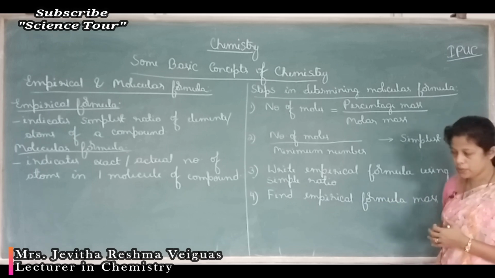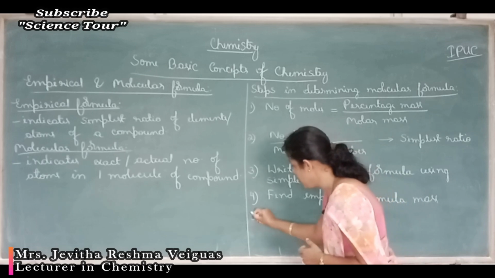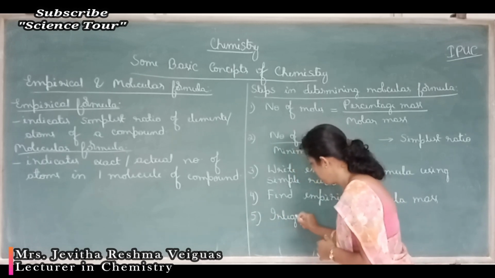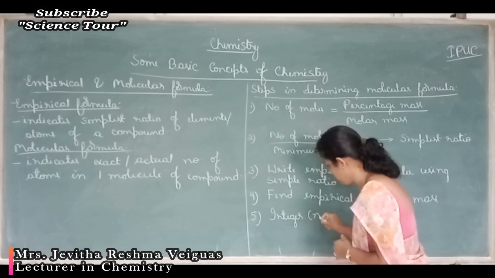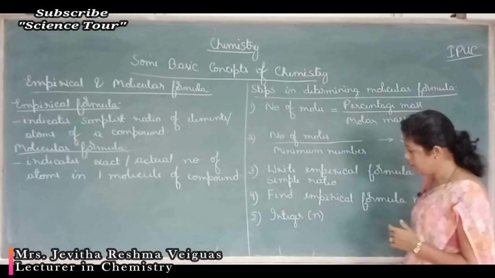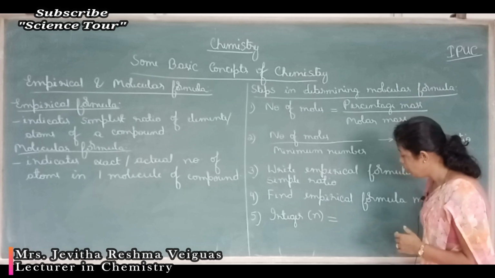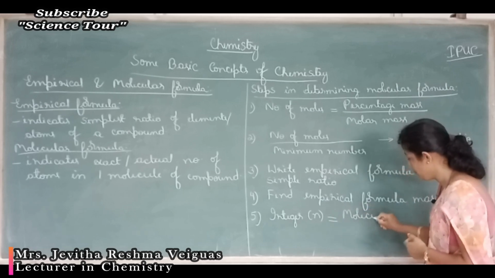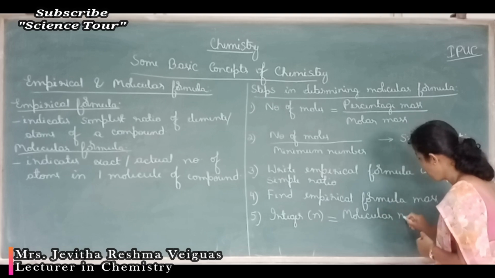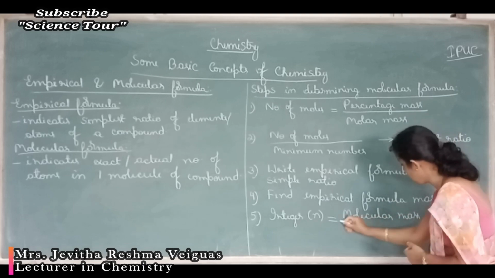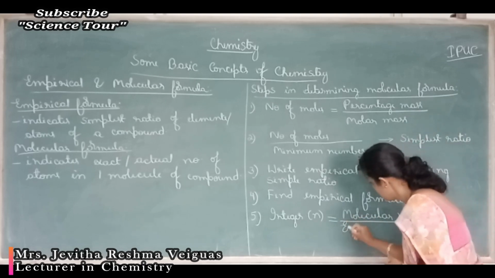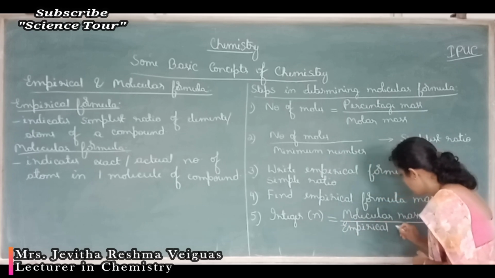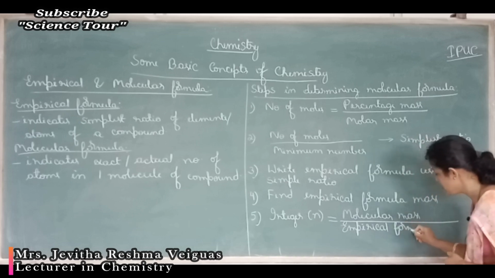After finding this, what you have to do is find the integer n. I'll denote the integer as n. This is found by dividing the given molecular mass of the compound by the empirical formula mass. So divide molecular mass by empirical formula mass.